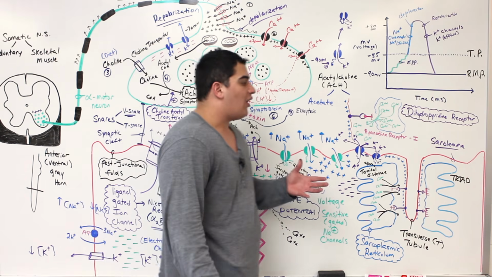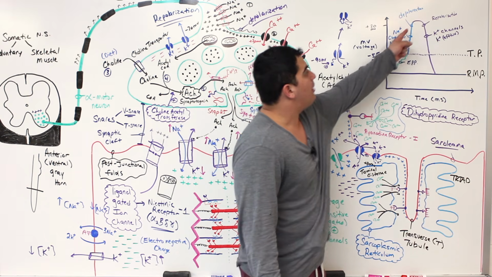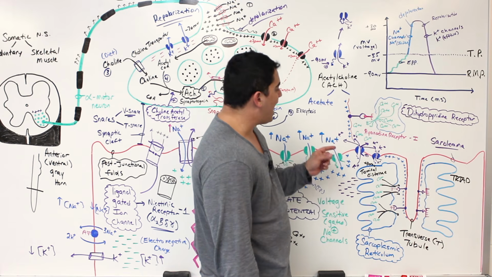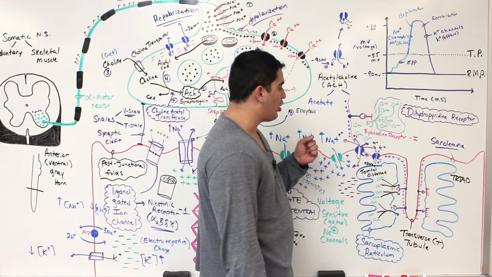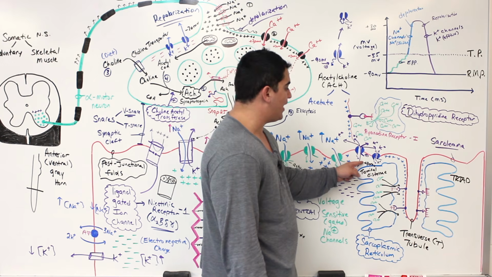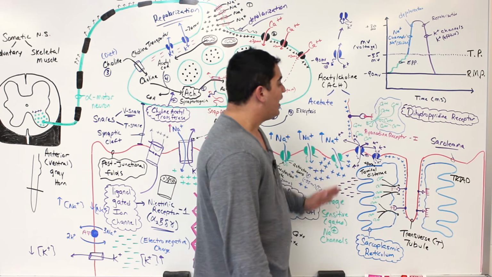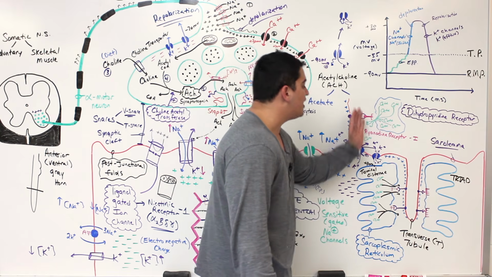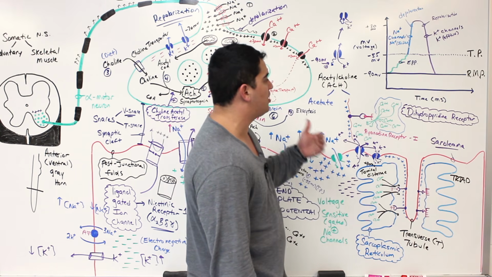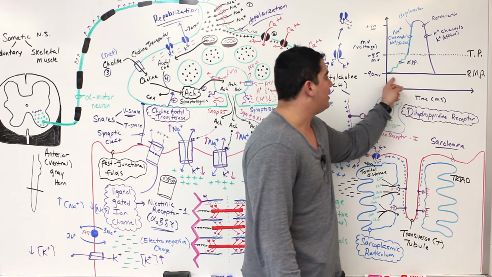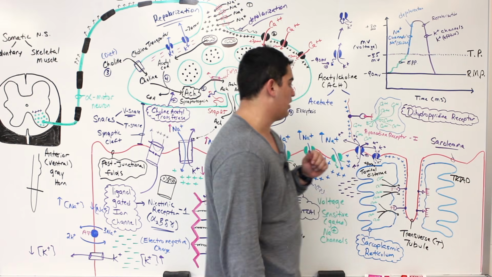Then, every cell has to rest. So we were at the peak point of depolarization. What happens? If you guys remember, the potassium channels have an activation gate that is opened whenever it reaches peak potential, positive 30 millivolts. Potassium starts rushing out of the cell. It'll rush out of the cell consistently until it reaches a specific point, which is when the inside of the cell becomes negative 90 millivolts, approximately.